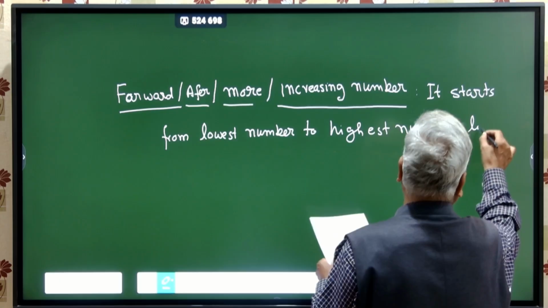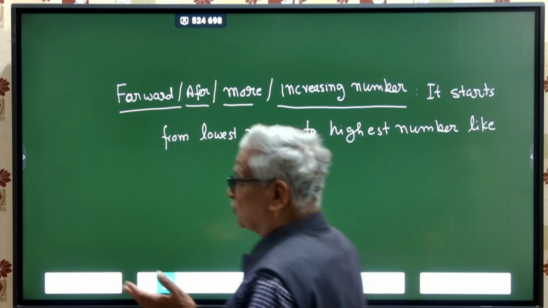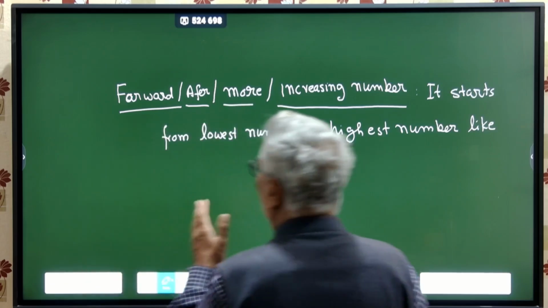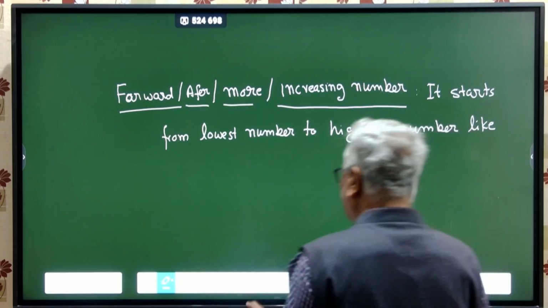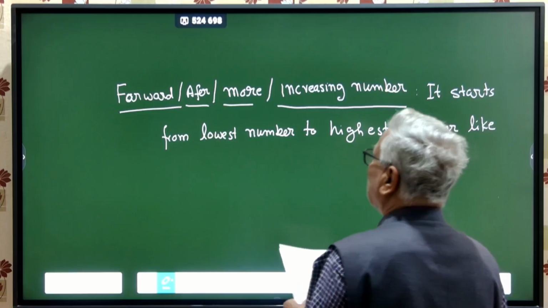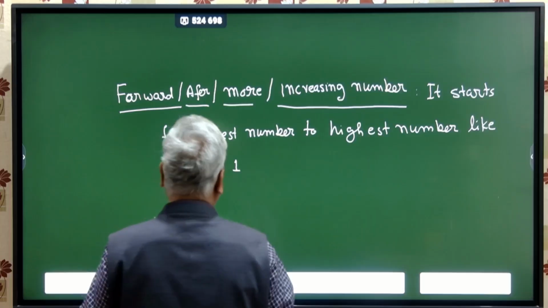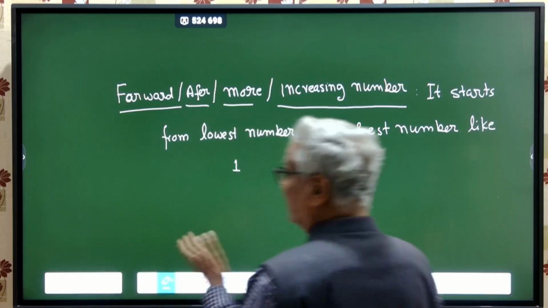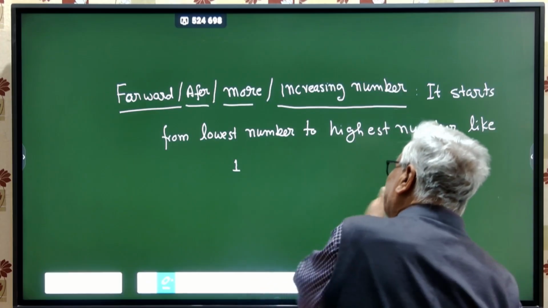It is up to you to choose the lowest number from 0 to 20. Here I am giving the example that suppose I choose the lowest number is 1. This can be any number, it can be 5 also, but it starts from 5, 6, 7, 8, 9.